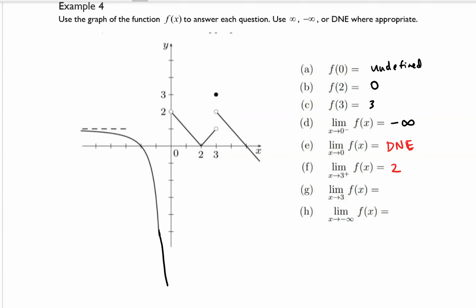Now, it wants the limit as x approaches 3 overall. If I did the left-hand limit, the left-handed limit is approaching 1, but the right-handed limit is approaching 2. Because those are not the same values, we say that this does not exist.